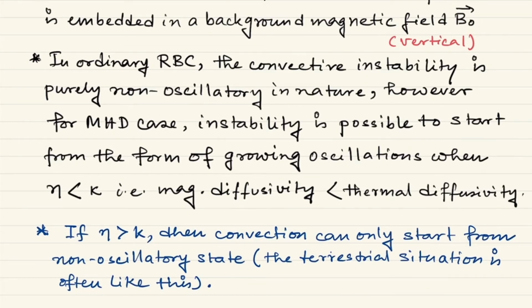Most of the terrestrial situations are exactly like that, because for most materials, most laboratory plasma, and also very often space plasmas, the magnetic diffusivity is much larger than the thermal diffusivity. Now it is your task to find out some instances, or at least one instance, where eta is less than kappa.